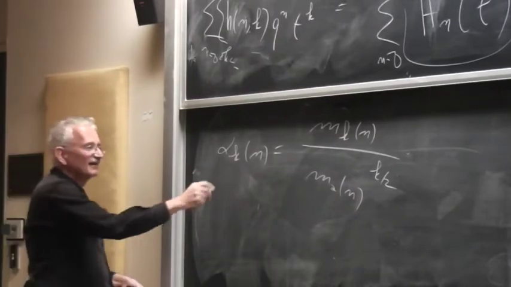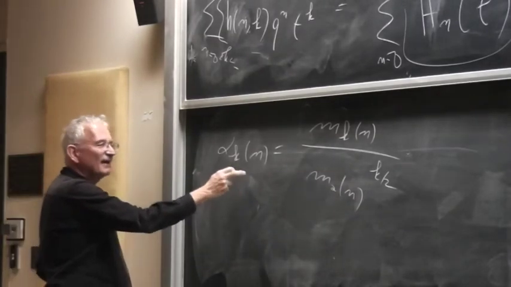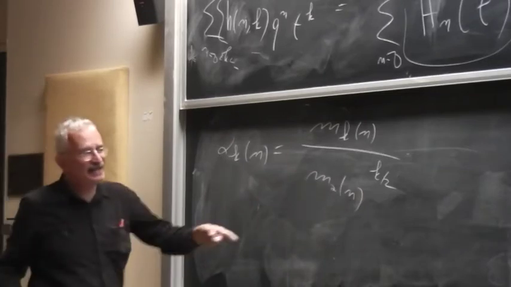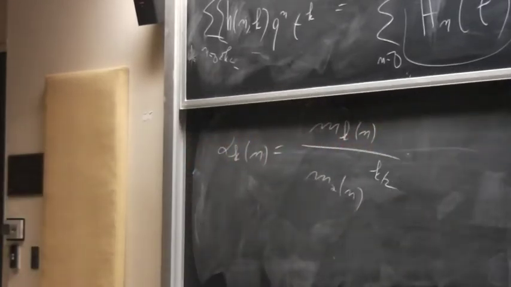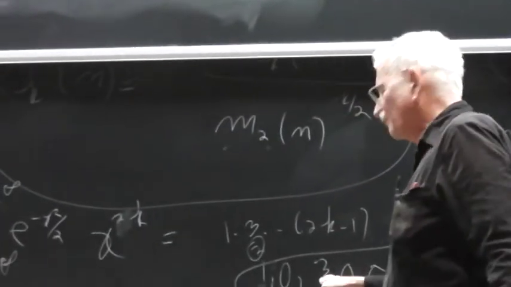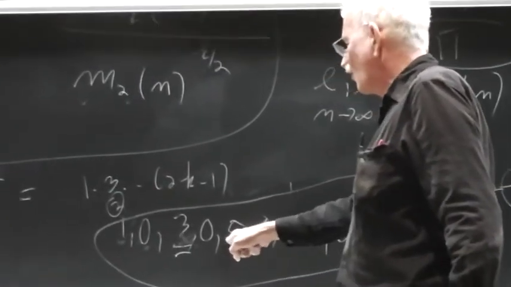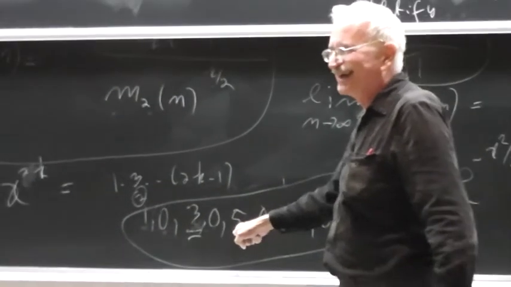If you just take the sequence of the limits, you get pretty close to 1, 0, 3, 0, 5. You get maybe 2.9, 4.99, but not terrific. Should that really be 5?